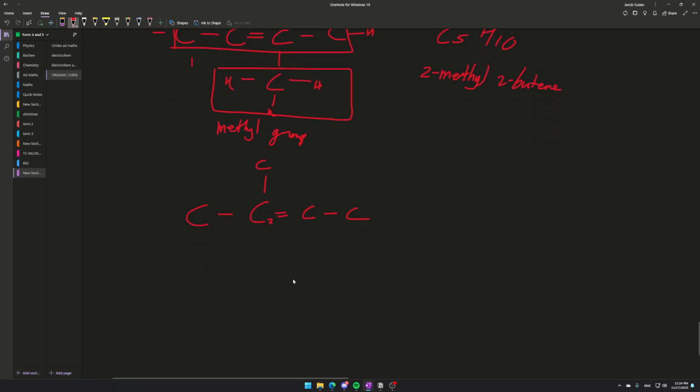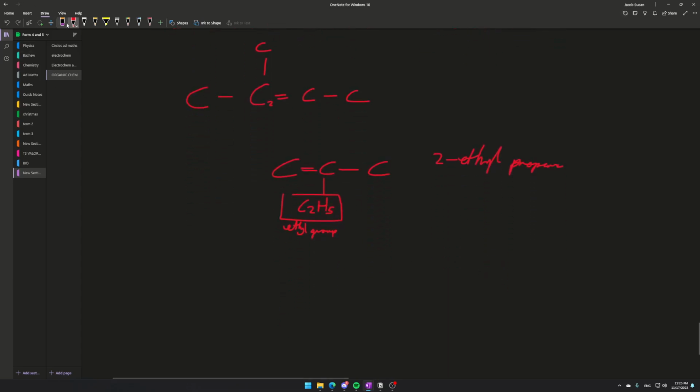And another thing, don't get yourself carried away with it, because we could say this, and then put an ethyl group down here, C2H5. This is an ethyl group. And we could say, oh yeah, this is 2-ethylpentene. I mean propene. You're wrong, because the longest carbon chain that exists here, let's expand it.